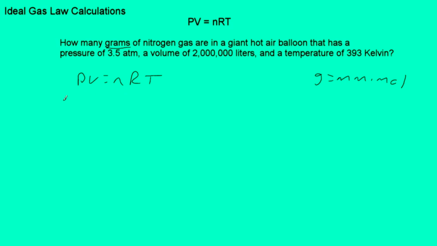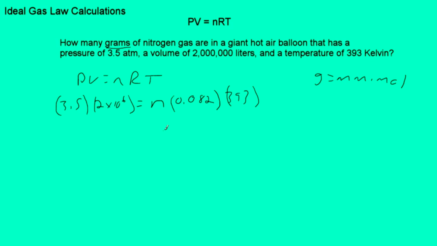We have a pressure of 3.5 atm, a volume of 2 times 10 to the 6 just to save space. We're solving for moles, hopefully. R, this is in atm, so R is going to be 0.082. And our temperature is in Kelvin, 393.